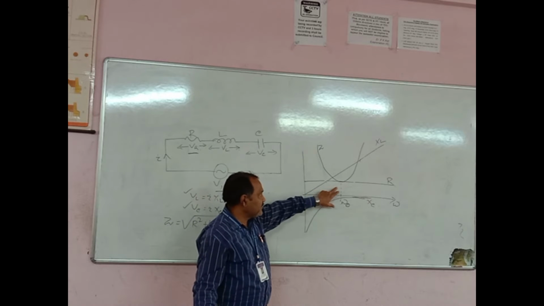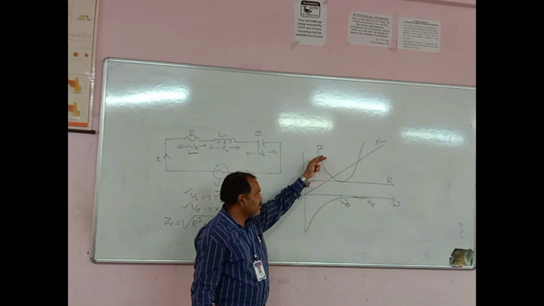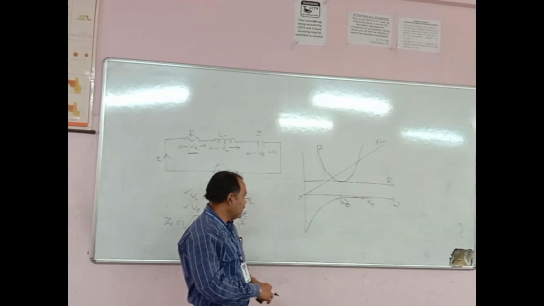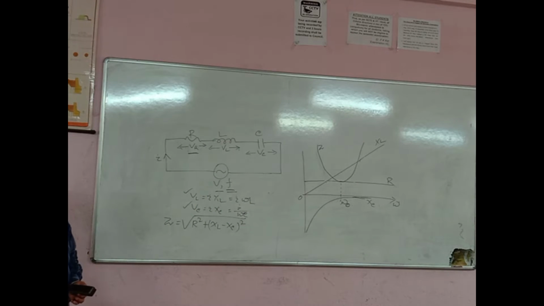So at resonant frequency, Z will be equal to R, and in that case XL and XC both cancel each other. Therefore we can discuss certain conditions for the series resonance circuit.